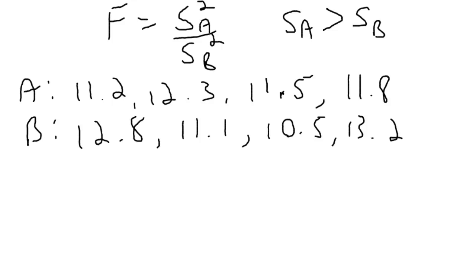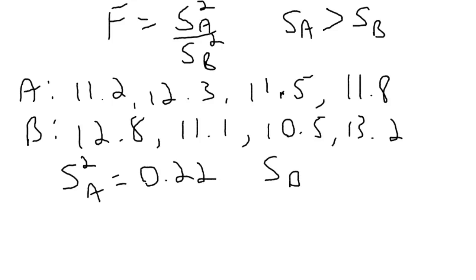So what we do is take the variance for both. So the variance, which is just a standard deviation squared, if you do it for method A, the first method, that gives you a variance of 0.22, and B is 1.7.